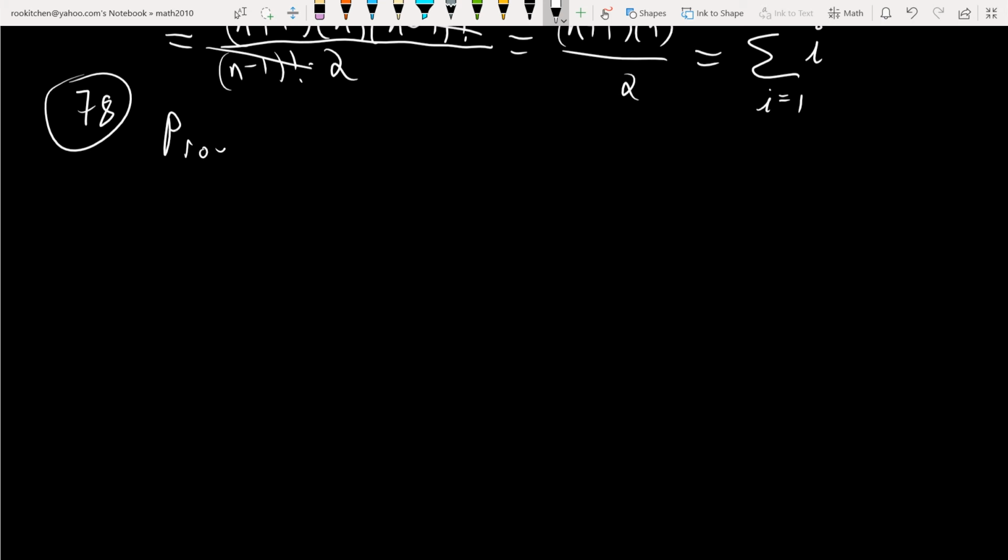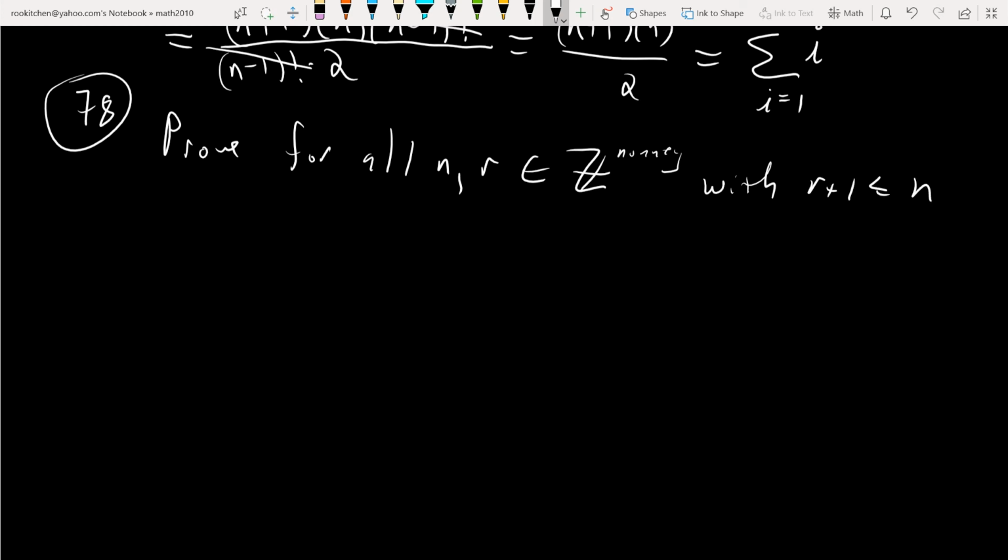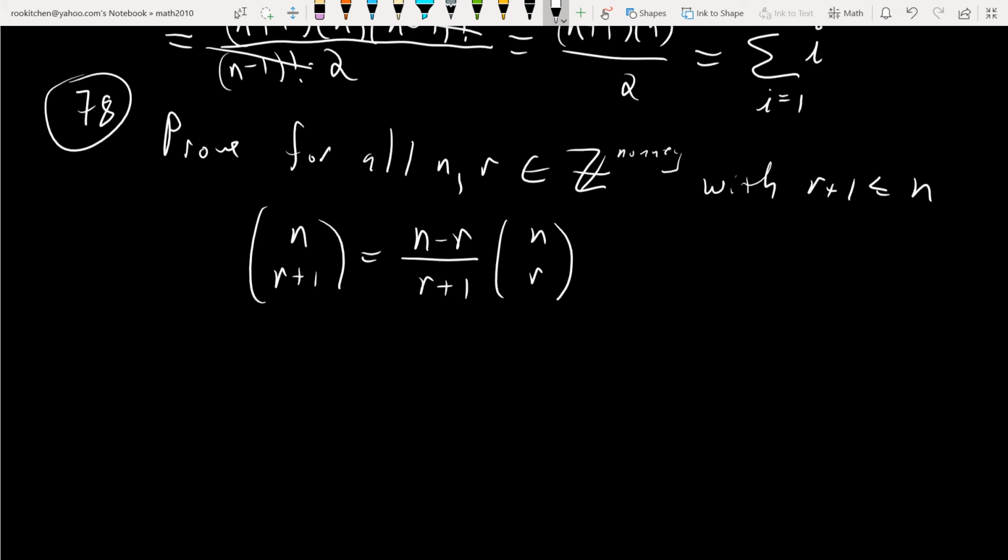But prove for all n, r in the non-negative integers, so that would be all the positive counting numbers plus 0, with r plus 1 less than or equal to n. Show that n choose r plus 1 is equal to n minus r divided by r plus 1 times n choose r.